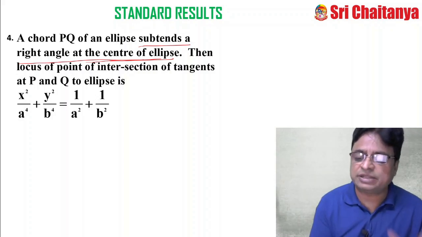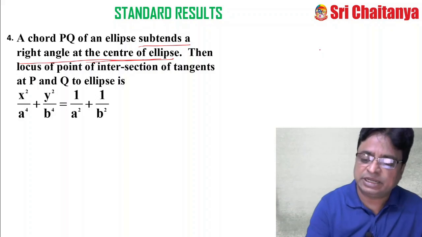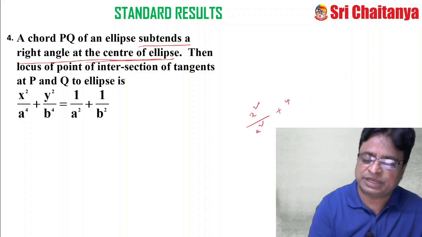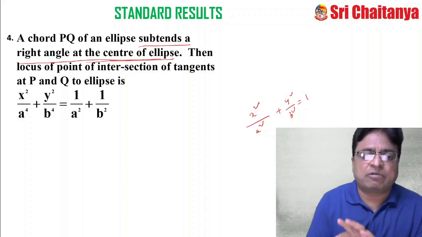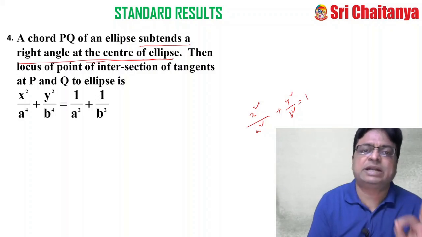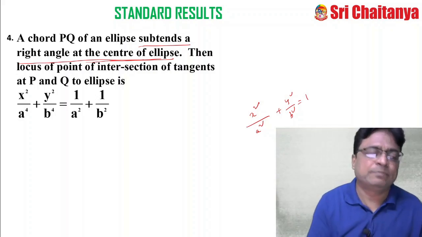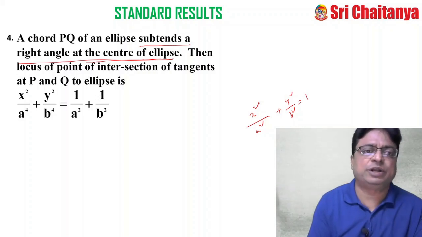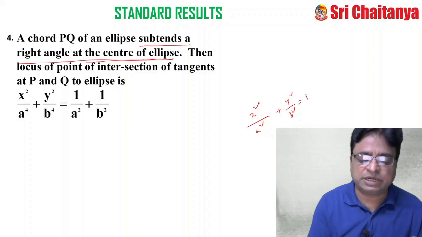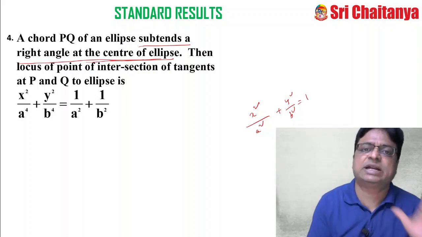So you should consider the equation of the ellipse as the standard equation, that is x square by a square plus y square by b square equals 1. As long as nothing else is mentioned, consider it the standard equation of the ellipse. In a competitive examination, they should mention what kind of ellipse to take; if they have not mentioned it, you have to consider the standard ellipse.